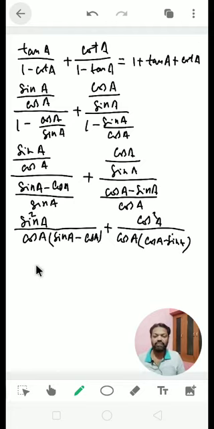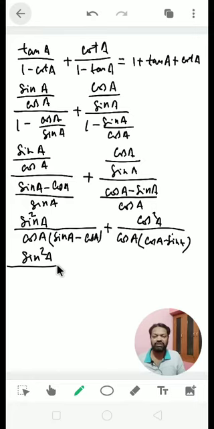So now one step we have to take, that is we have to reverse this cos A minus sine A, we have to convert it into sine A minus cos A. In that case this plus will become minus as per rule.